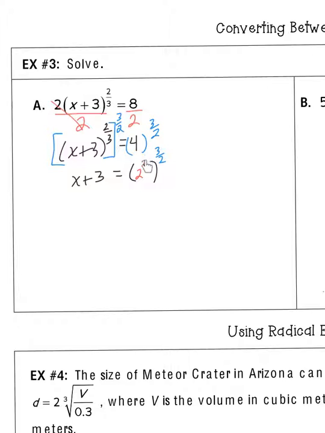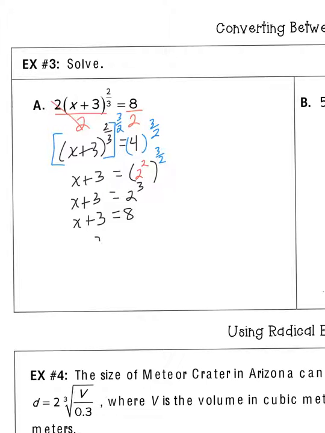If I take 2 and multiply it by 3/2, this is 2 over 1, so the 2's are going to cancel, and I'm going to be left with just this 3. So I still have an x plus 3 on the left, but because the 2's cancel, I get 2 raised to the 3rd power. So x plus 3 is equal to 8.